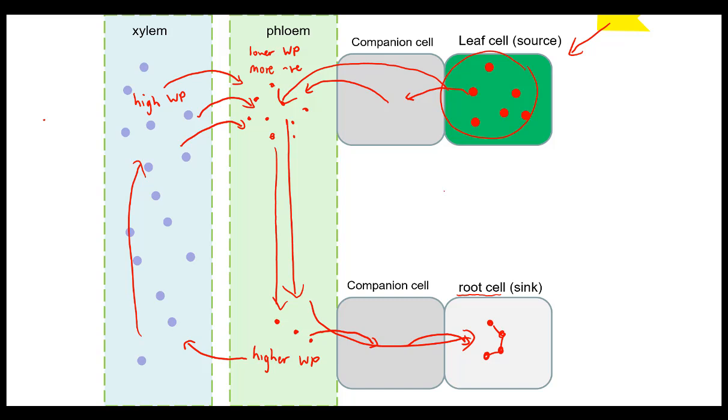As I say, under the current spec, you don't actually need to know the details of translocation, but what you need to know is the sugar that's moved by translocation, which is sucrose, and also evidence that it is an active process, which means what's the evidence that it actually needs energy in the form of ATP from respiration.